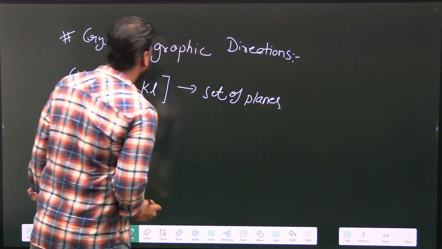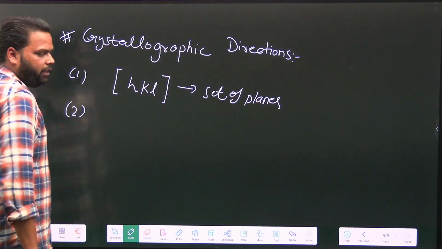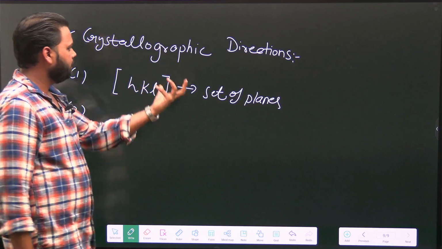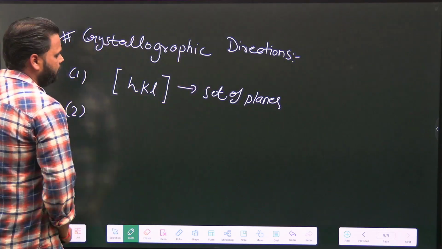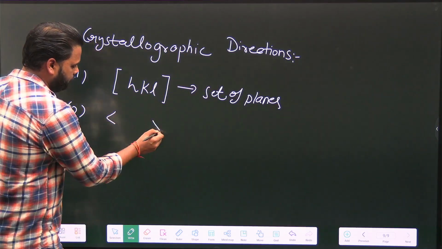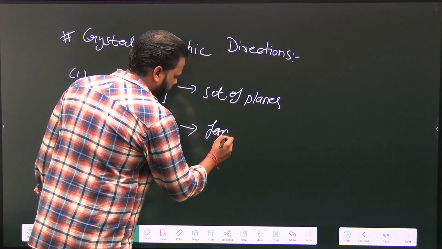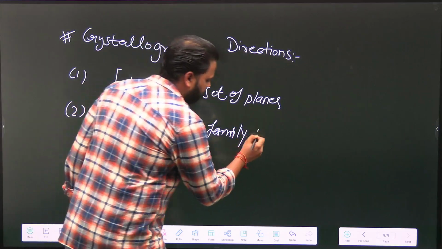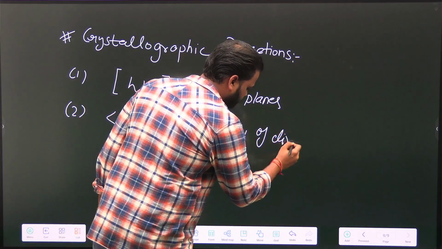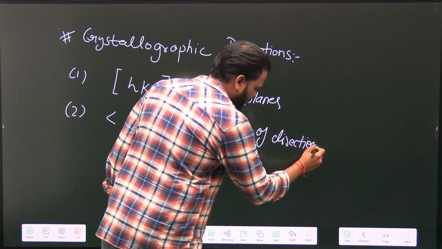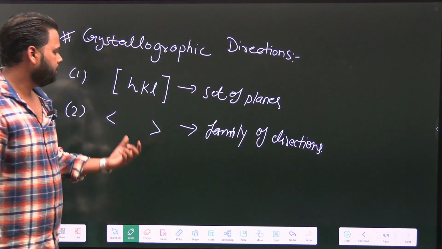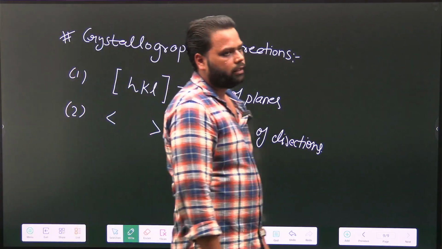Similarly, the family of planes we have defined for the planes. So here the family of directions we will represent like this. It will represent the family of directions. Understood? What was in the planes?